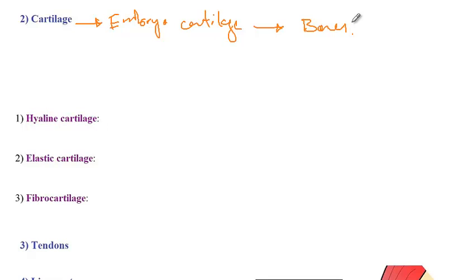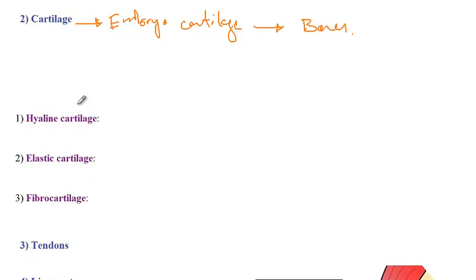Some of this cartilage, however, needs to be maintained in certain areas that we need a firm but a flexible support. Okay, because cartilage has a high water content that will make it very resilient. And here I have 3 types of cartilage that I'm going to discuss their location and their function with you.